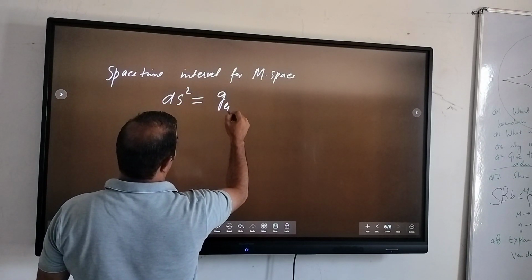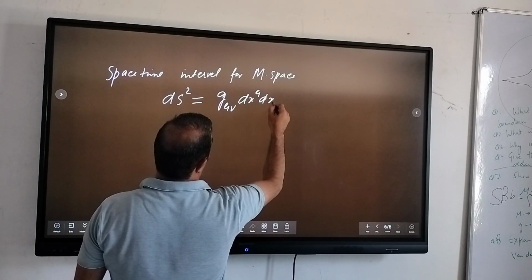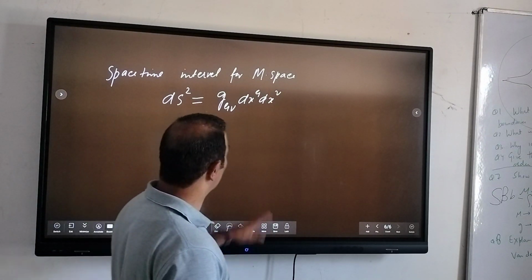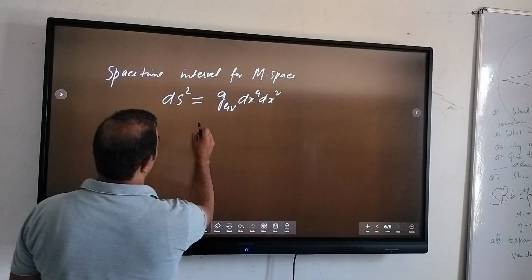g_mu nu dx^mu dx^nu. So this is clear, right?